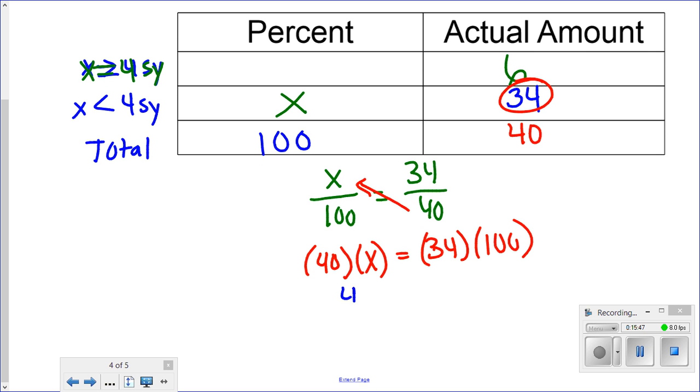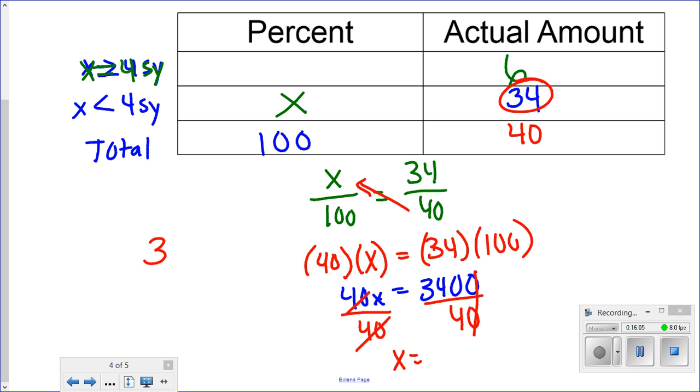Okay, so here we get 40x. Here we're going to get 3,400. Easy to multiply that one. Then we need to divide by 40. 40's cancel out. Zeros cancel out. X is going to be equal to 340 divided by 4. Mrs. Lawrence having a struggling day. Let's actually go through that division. 4 goes into 3 0 times. 4 goes into 34 8 times, which is 32.